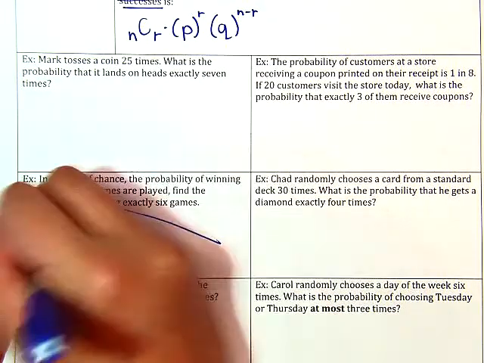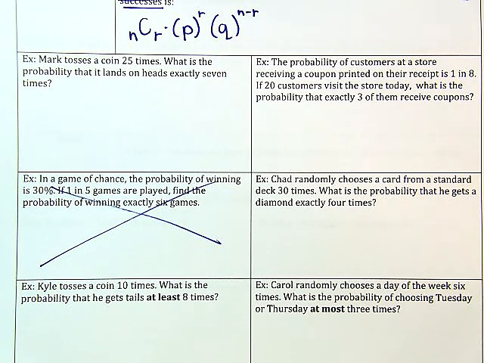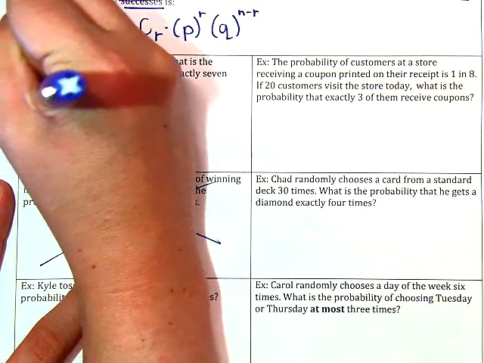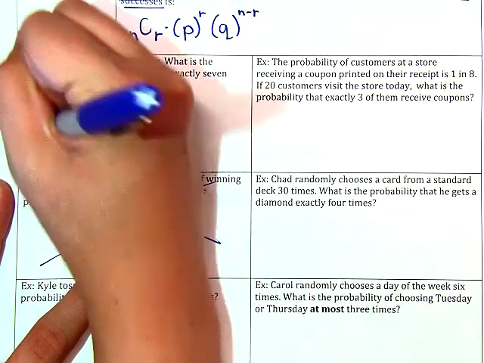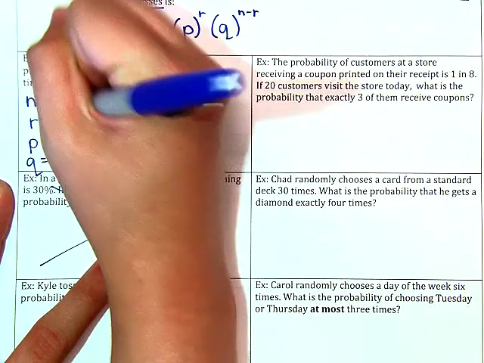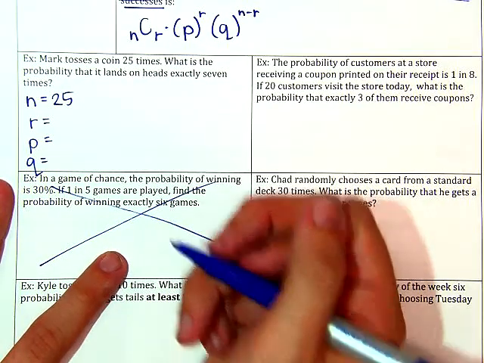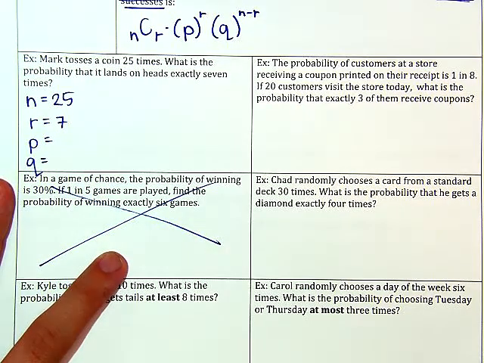Mark tosses, this is a bad one, so cross it off. Mark tosses a coin 25 times. What is the probability that it lands on heads exactly 7 times? So, total number of things I'm doing, I'm going to toss the coin 25 times. My success is if it lands on heads, and I want exactly 7 of those.